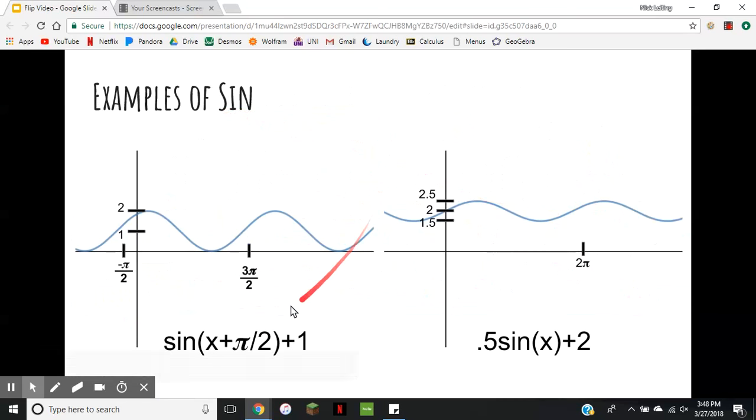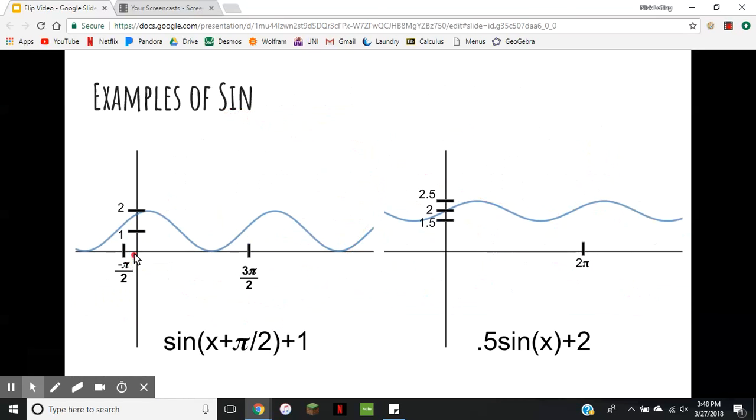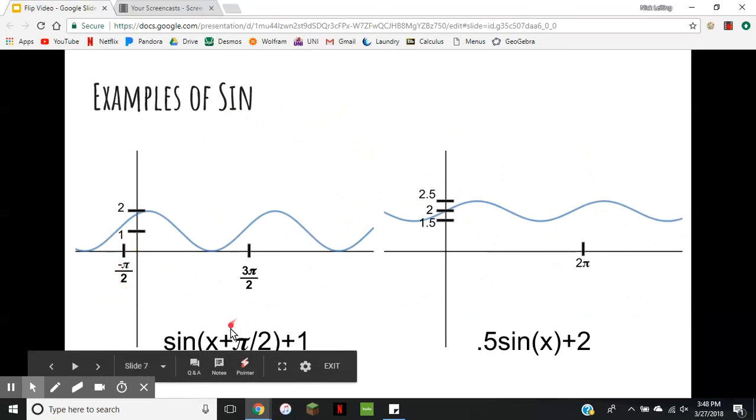As seen here, the function is the sine of x plus pi over 2, plus 1. Since our horizontal shift is negative, we change our minus down here to a positive, as 2 negatives equal a positive.